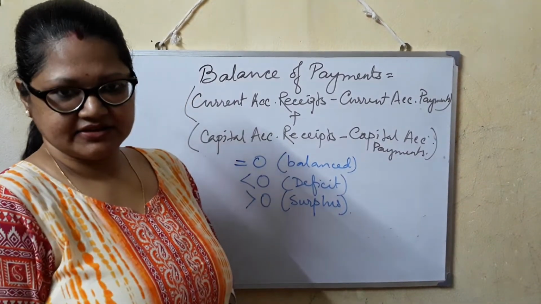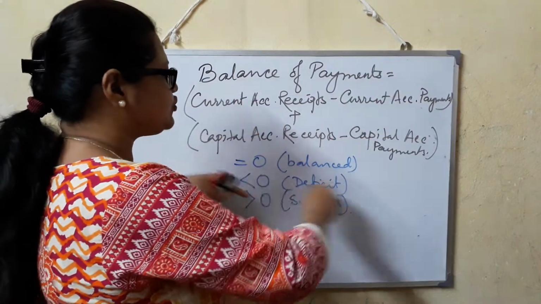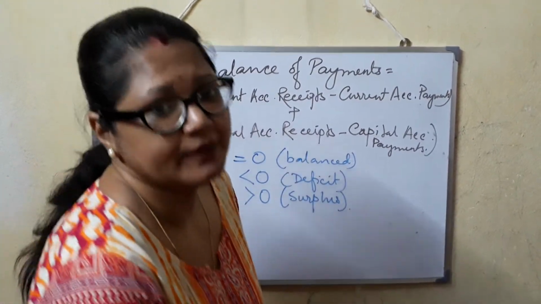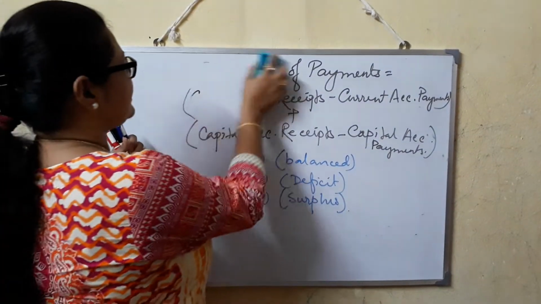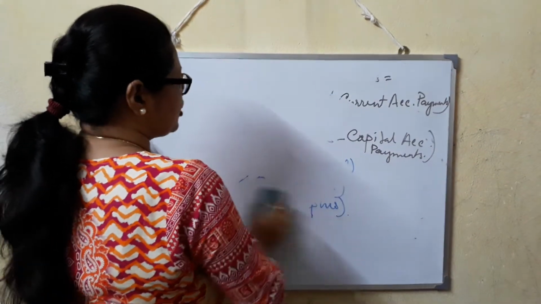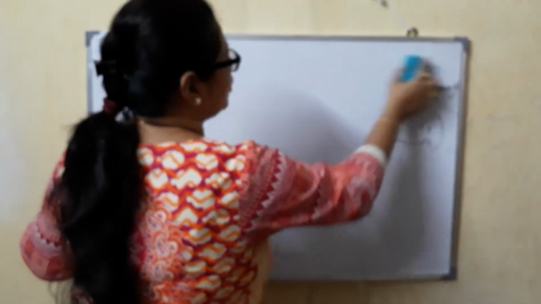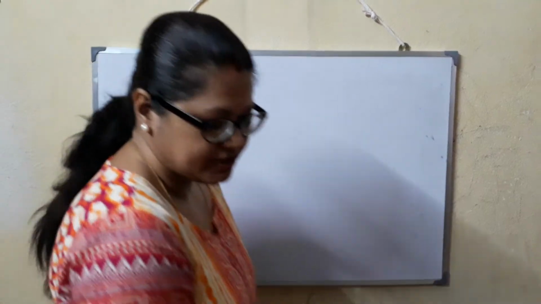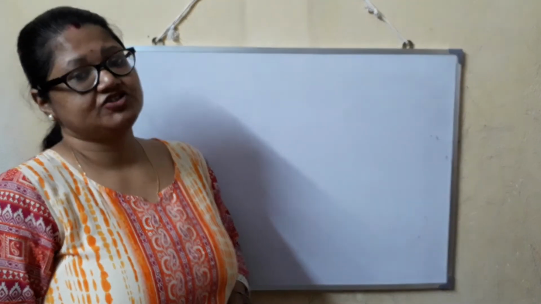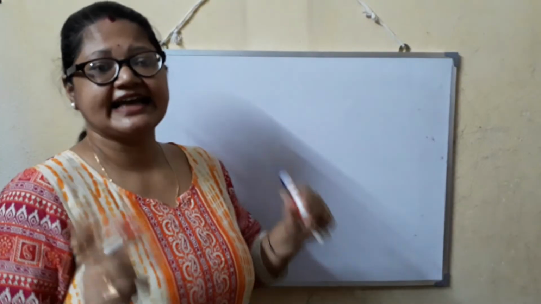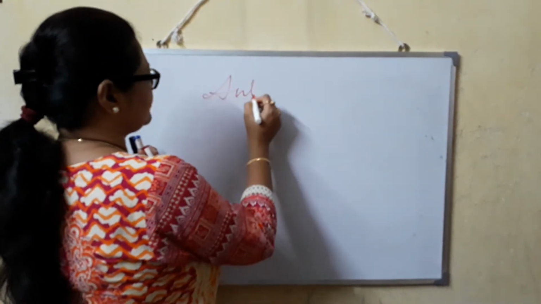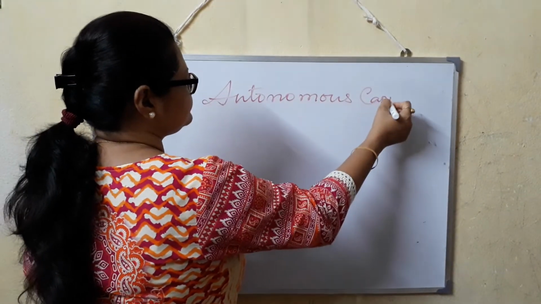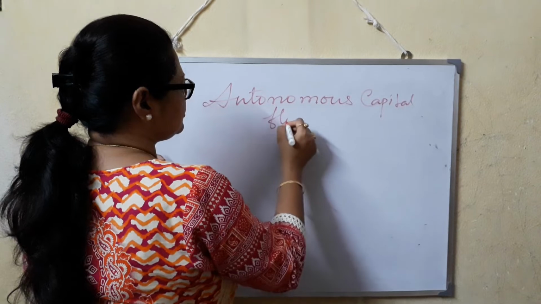But as I have said, this needs to be balanced. That means it has to be brought into balance. How can that be done? It can be done by accommodating capital flows. The capital account which we have seen just now is divided into two categories. One is autonomous capital flows.